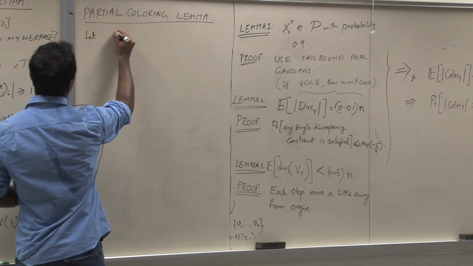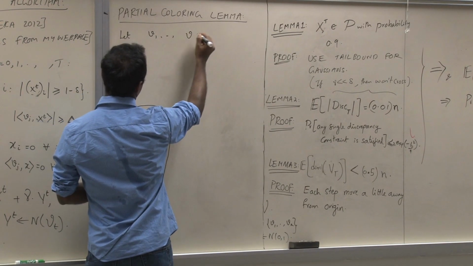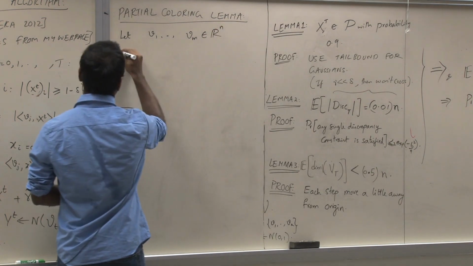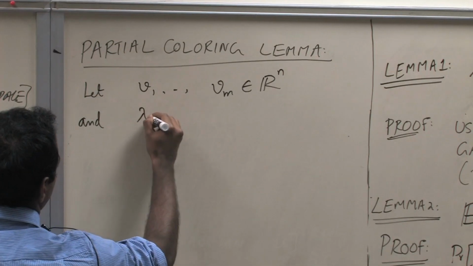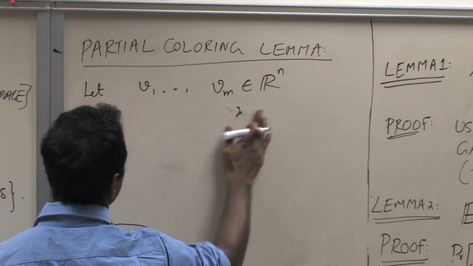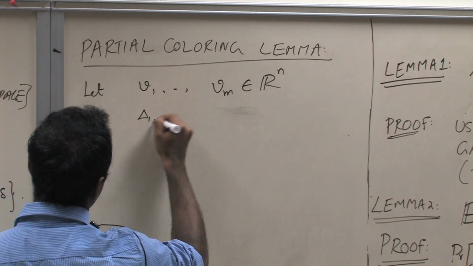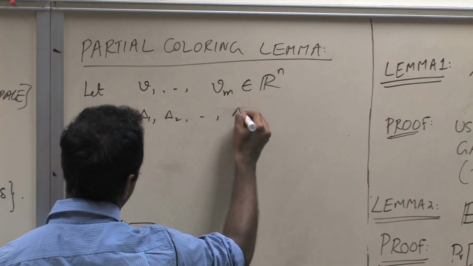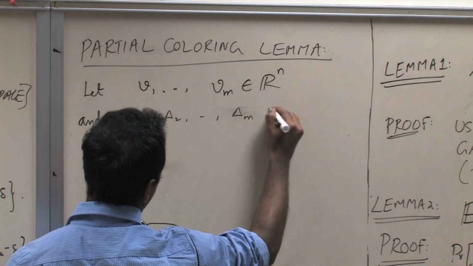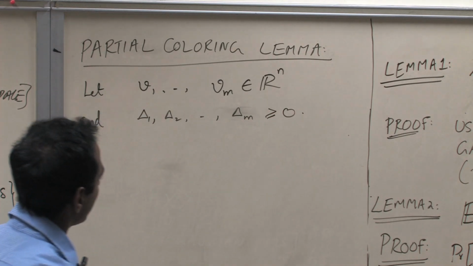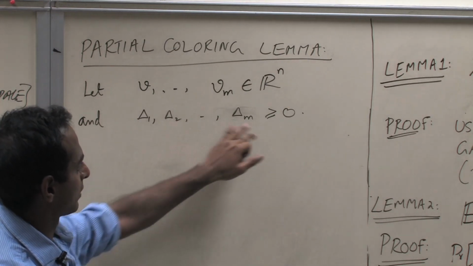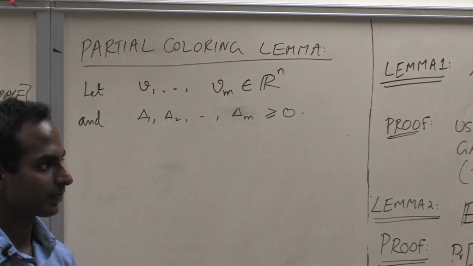Let v1 through vm be vectors in R^n, and lambda 1 to lambda m be scalars. So I have m vectors v1 through vm, and I have m scalars.